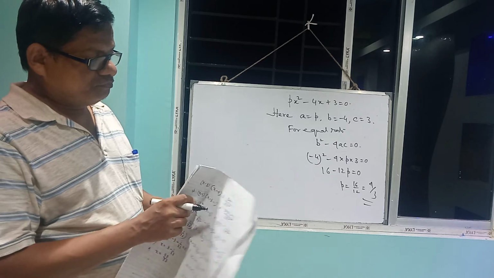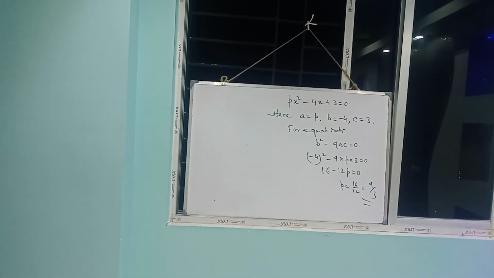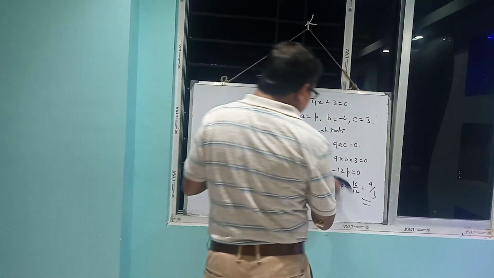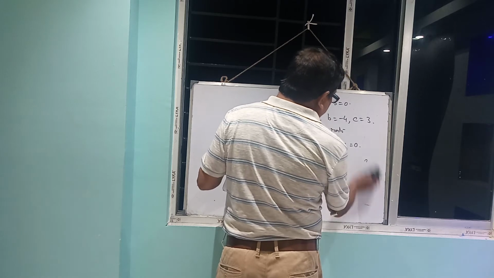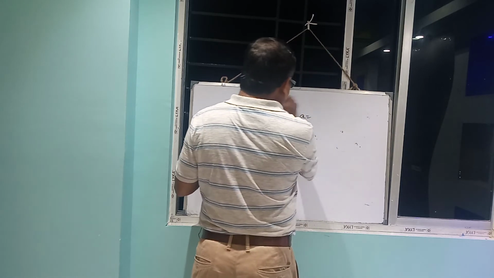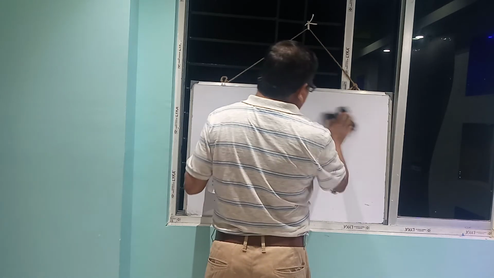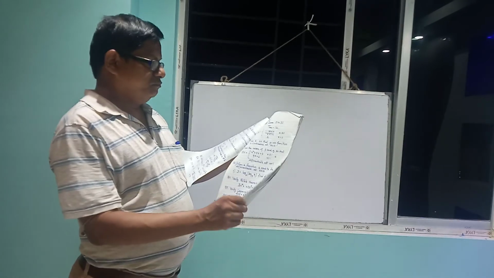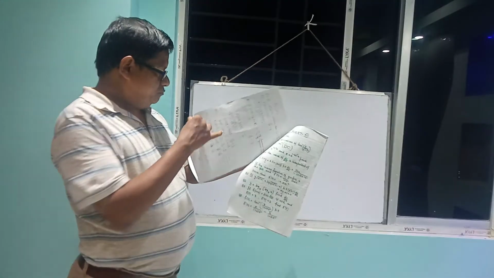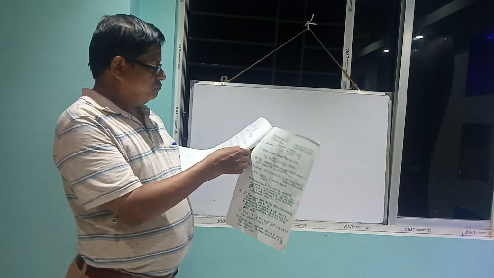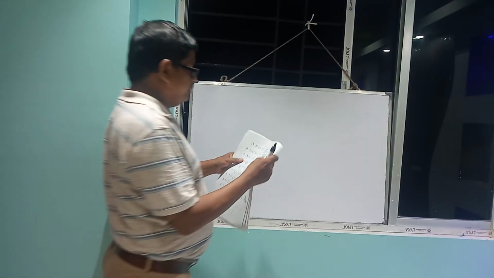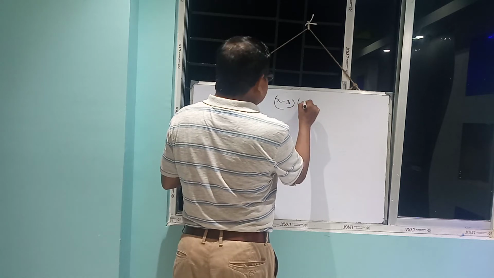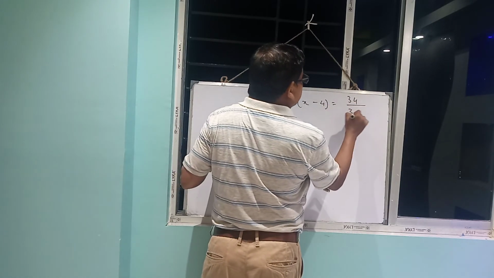Now I am showing one extra sum. Solve the equation: again, suppose (x minus 3)(x minus 4) by 33 square equals 34.